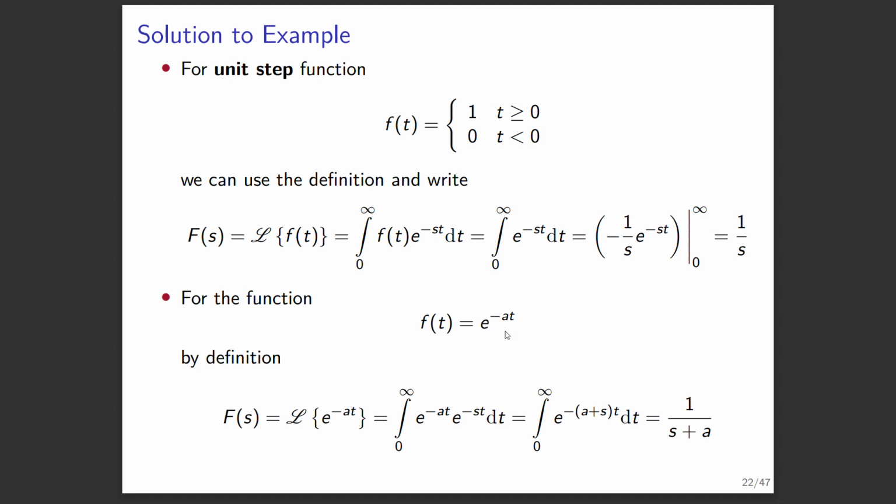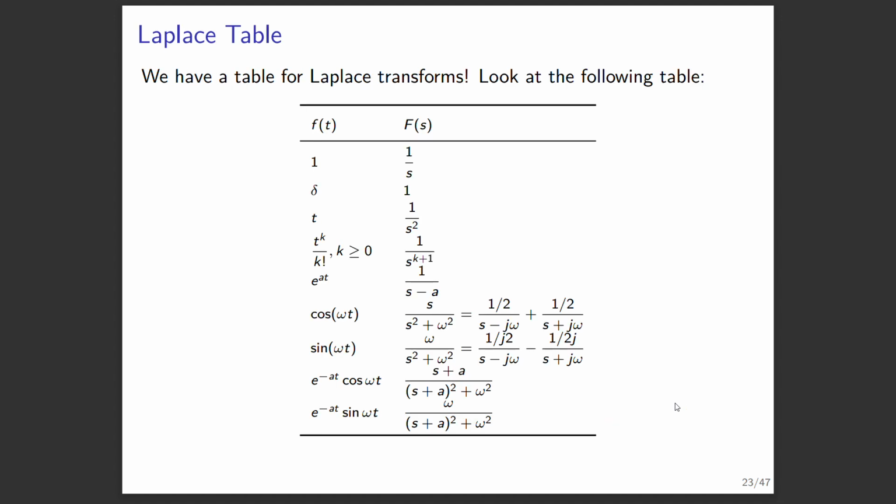If I use e to the negative at, I can add the exponents and then take the integral and then substitute infinity, which results in 0, and then substitute 0, which results in 1 over s plus a, sorry. Okay, so that's how you compute Laplace transformation.